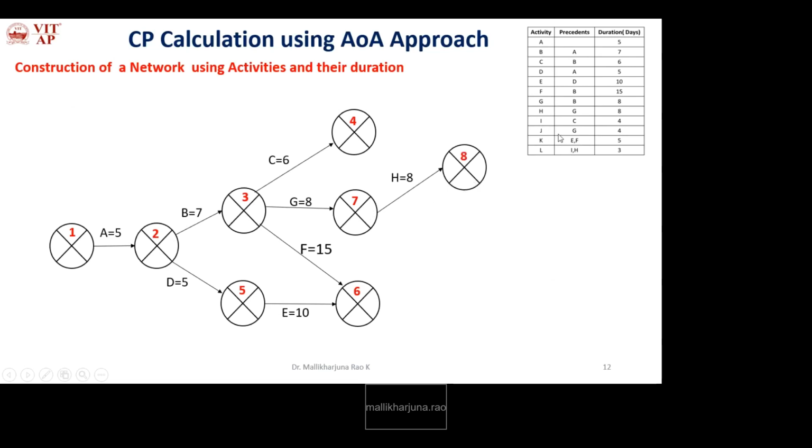Okay. Next I. I starts after C, so the start event for I is 4. For the end event, we need to check whether I is a predecessor for any other activity. Yes, it is a predecessor for L, ending along with H. So we already represented H, and now we have to represent I. After C, the start point for I is 4 and the end point is 8.